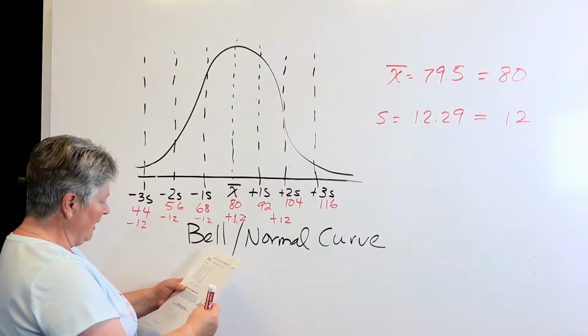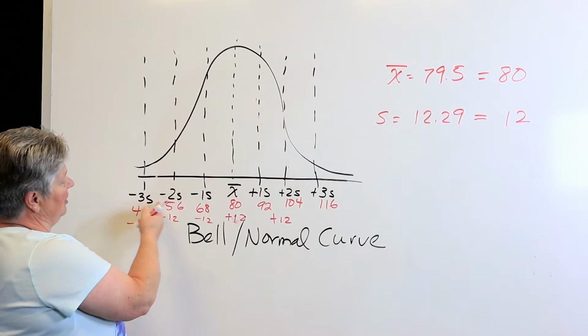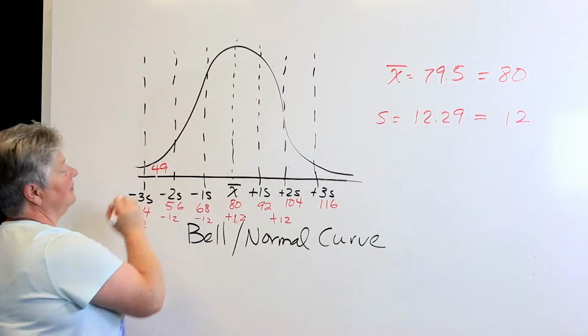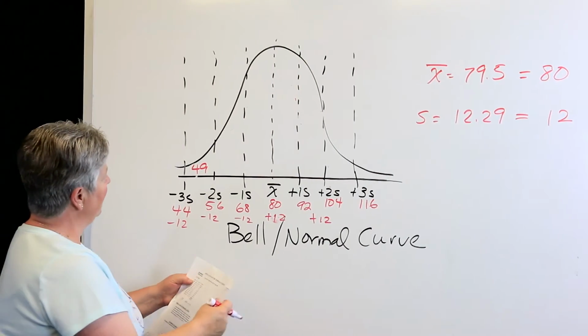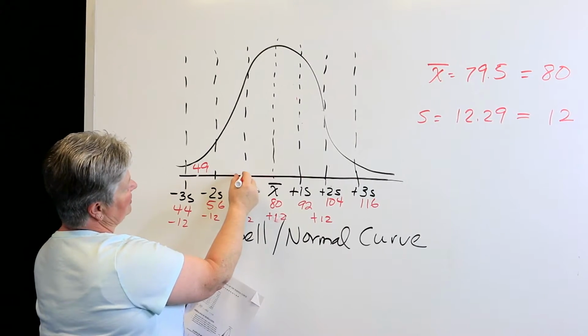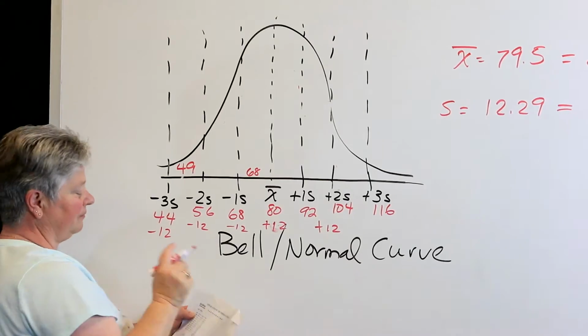So as I look at this, we had a 49. Well, 49 is going to be in this section right here. So we had a score of 49. We also had a score of 68. Obviously this is right on the line, but I'm going to just put my 68 right there.